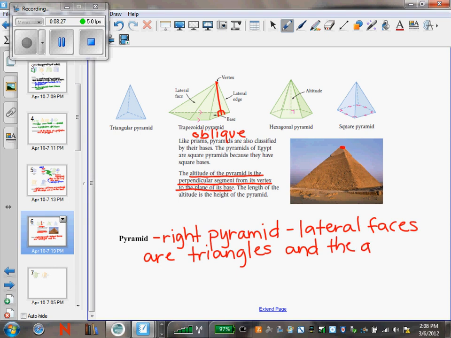And let's say the altitude's endpoint is the center of the base.